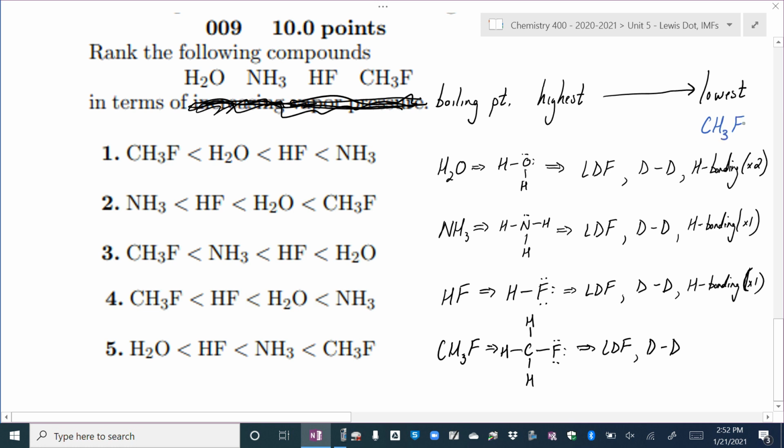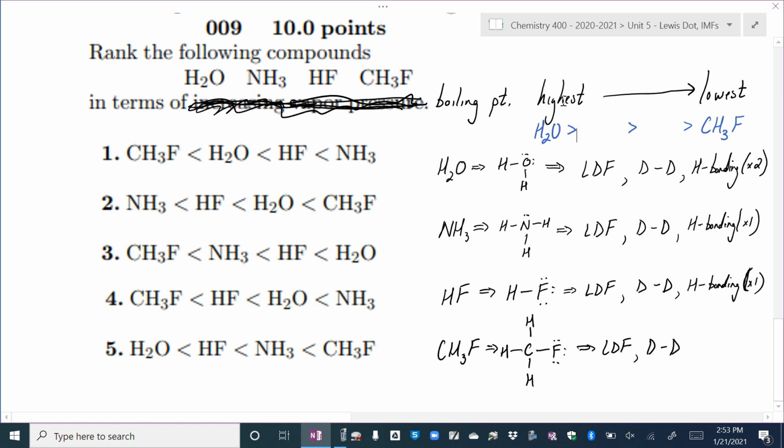Now we want to fill things in as we go. So try to pick out the ends, and then we'll work in the middle. Which one has the most intermolecular forces? That is correct. That is water. LDF, dipole-dipole, and 2 times the hydrogen bonding.